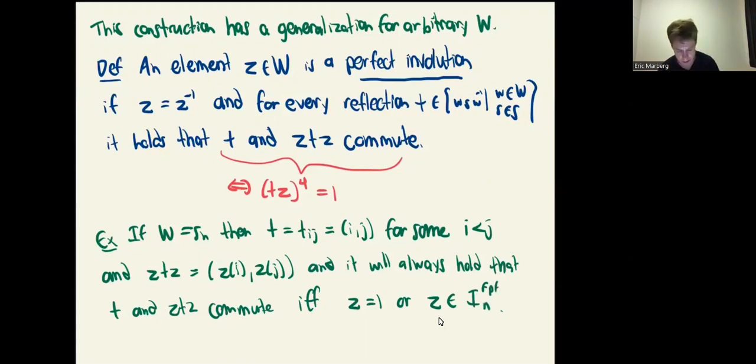Since the only way that T and ZTZ are going to commute is when we need (i j) to be disjoint from (Z(i) Z(j)) for all pairs i, j. So this will end up forcing Z to be fixed point free if we want this condition to be satisfied, and Z is not the identity element.